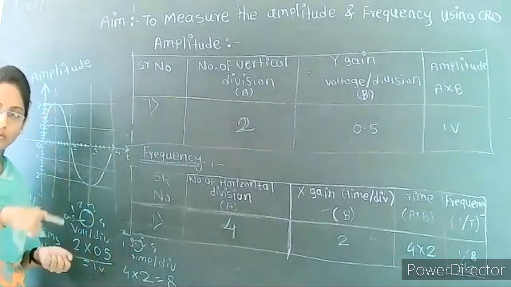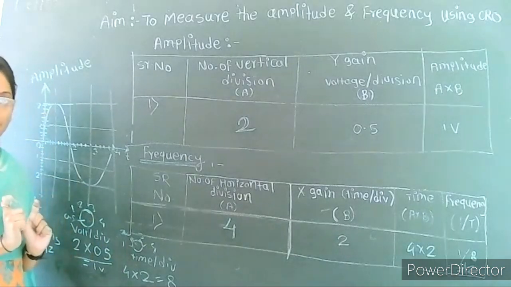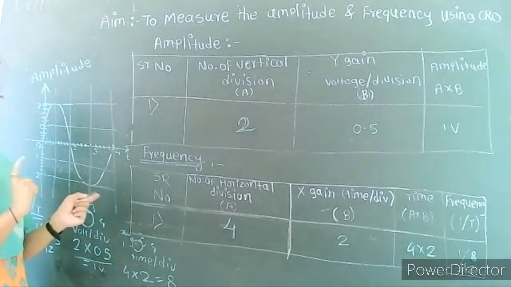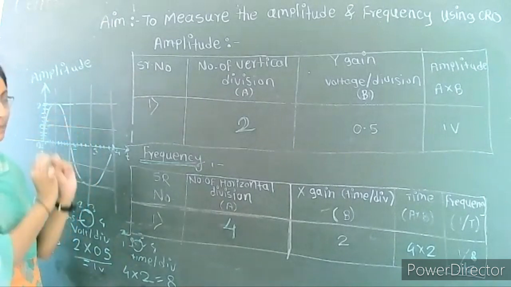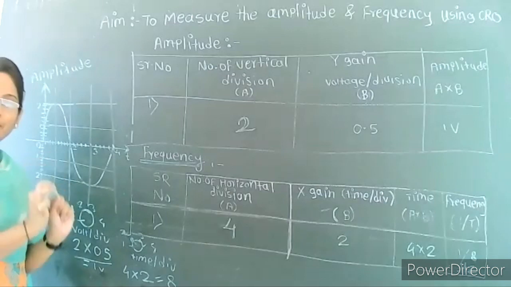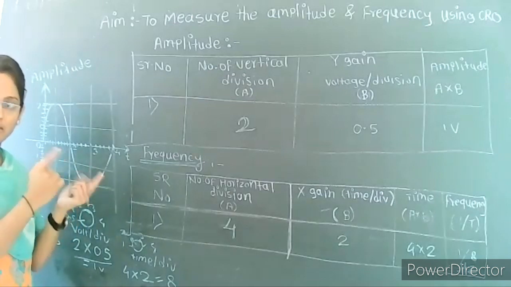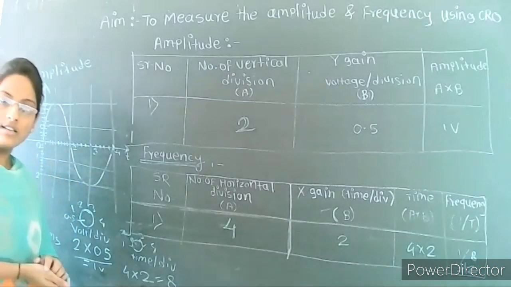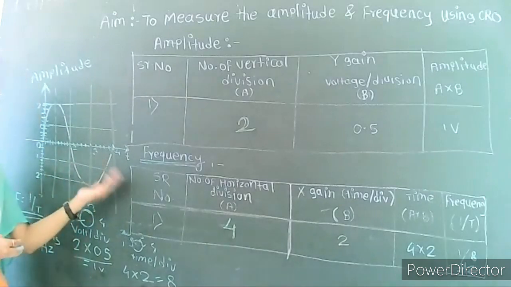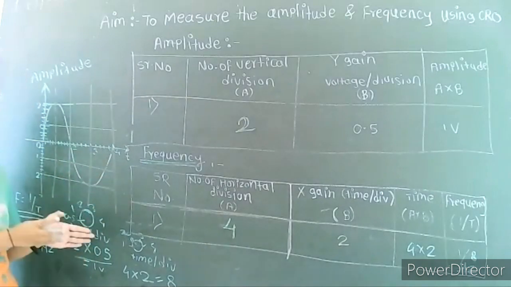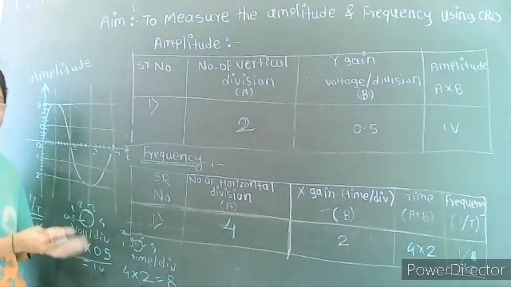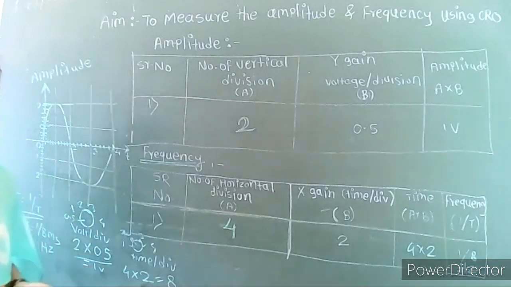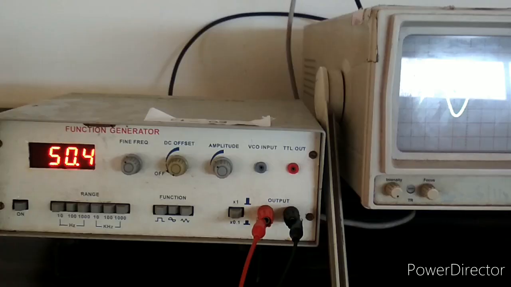Because from those waveforms we have to calculate the time periods or the amplitudes. So this is the major application of CRO. After that, we see the actual practical setup, how to calculate the amplitude as well as frequency on CRO.